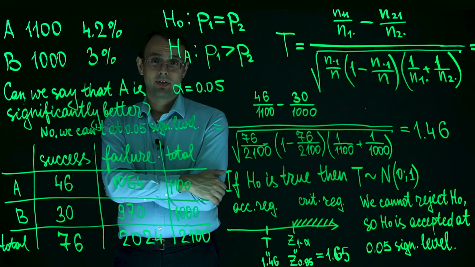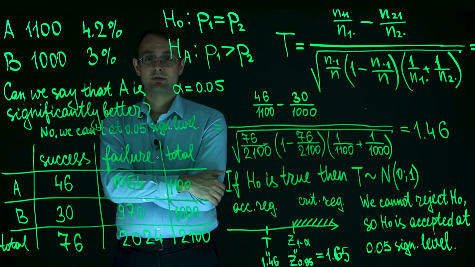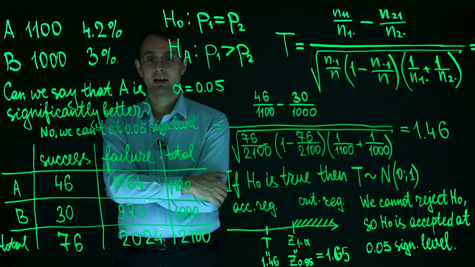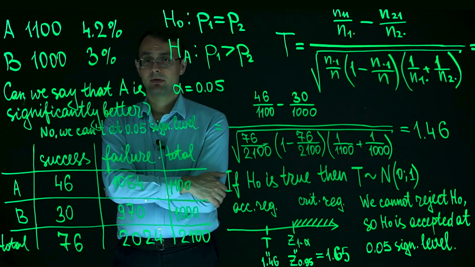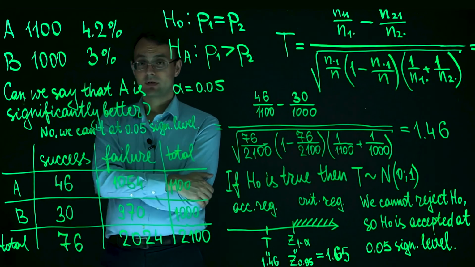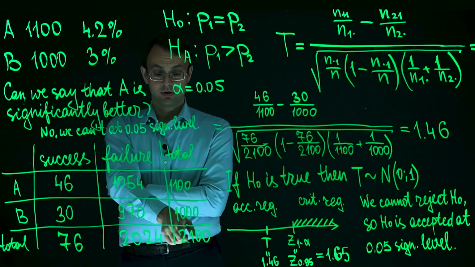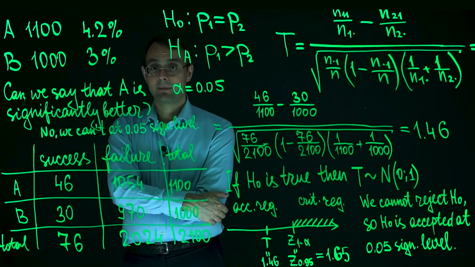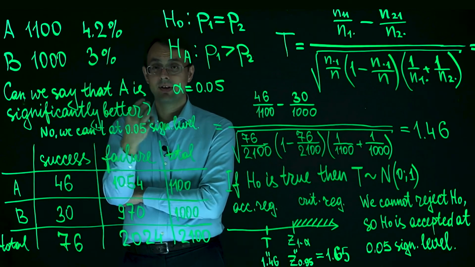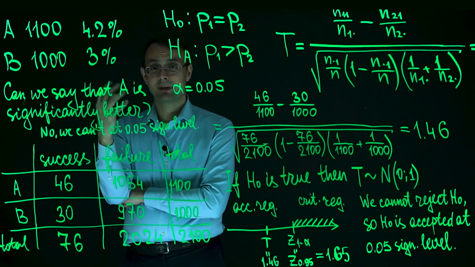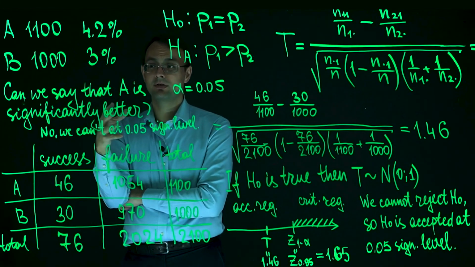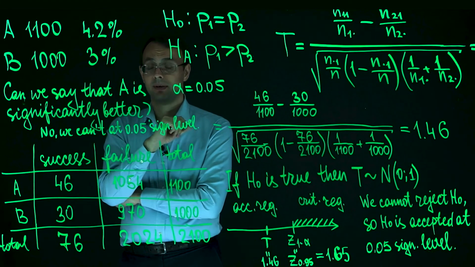So this difference is too small to say that this happened not just by accident. So in case of such a small difference, with 2100 observations, it's better to say that it's more likely that this difference of 1.2% happened just by accident, not because A is better than B.